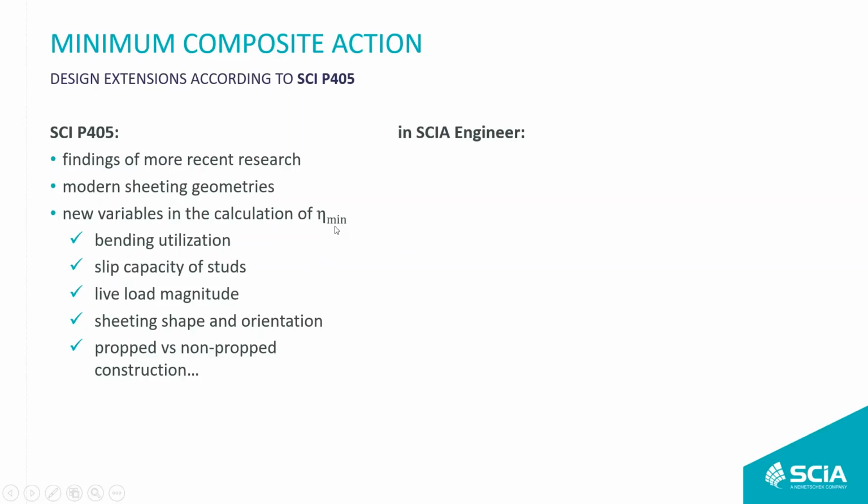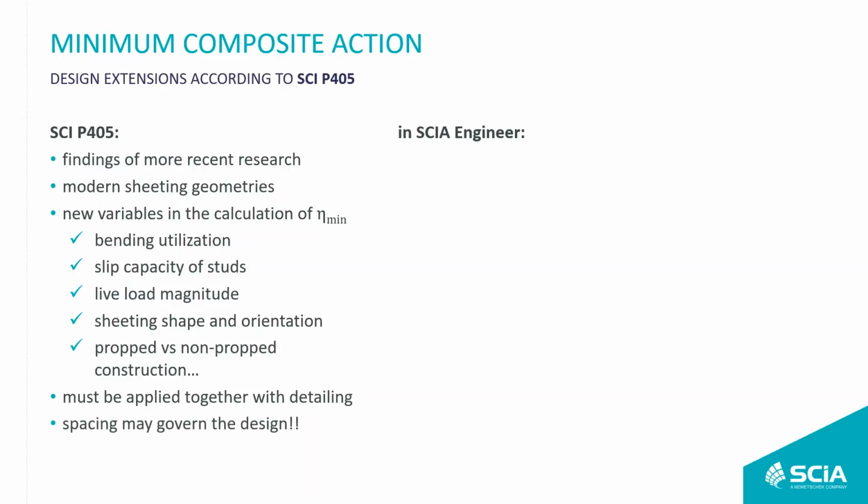This is the minimum composite action, which is now calculated not just based on the steel grade and the span, but also the bending utilization, the slip capacity of the studs, the magnitude of the live load, sheeting shape and orientation, etc. This publication is used together with some additional detailing rules. And when you use the composite module in SCIA Engineer, keep in mind that sometimes these detailing conditions may actually give you more studs.